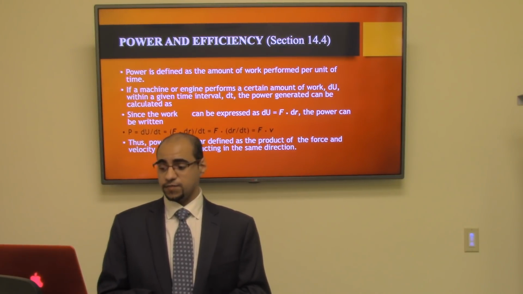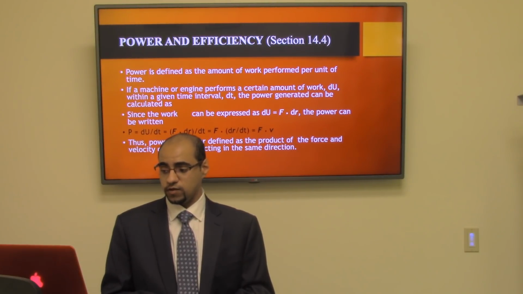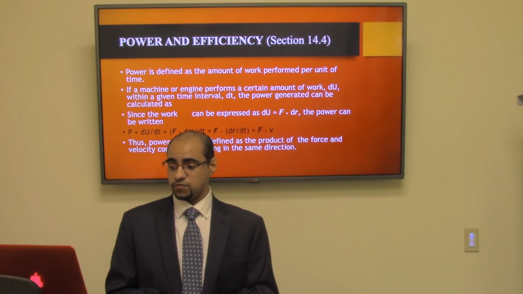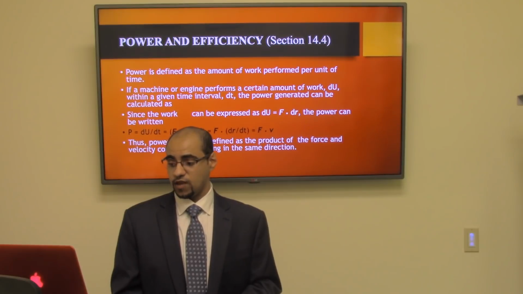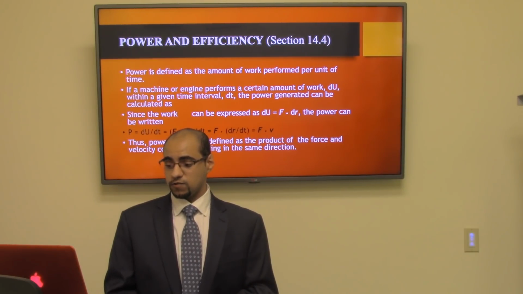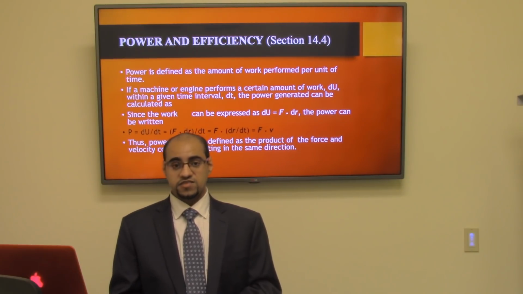Power and efficiency. Power is defined as the amount of work performed per unit of time. If a machine or engine performs a certain amount of work, delta U, within a given time, delta T, the power generated can be calculated. The work can be expressed as delta U equals F, which is force, times delta R, which is distance.